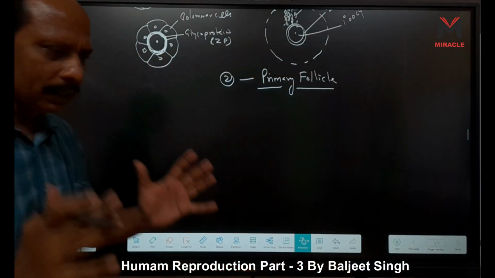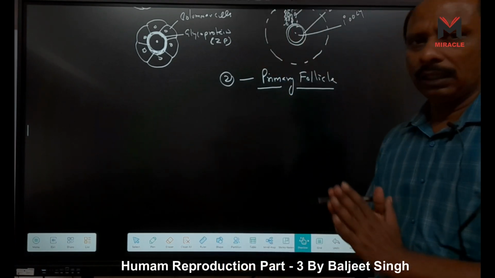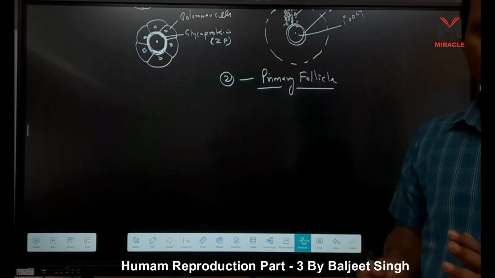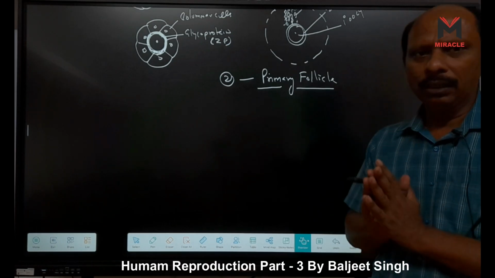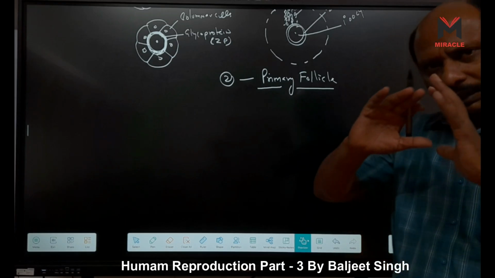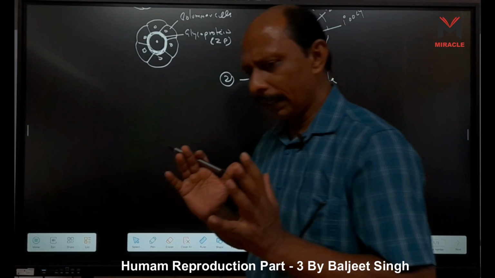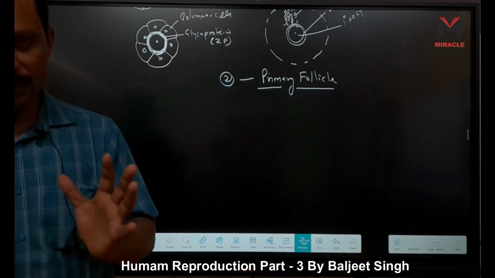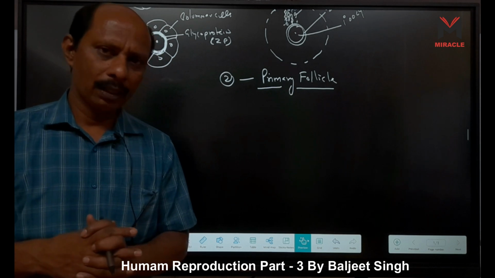When it increases in size, it suppresses the stroma cells already present in the stroma, so a covering is formed of these stroma cells, and this covering is called theca interna, right?